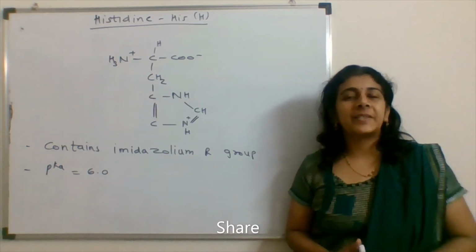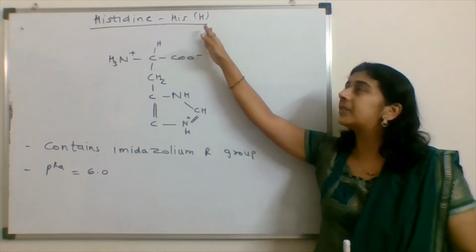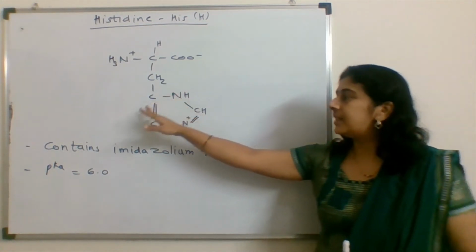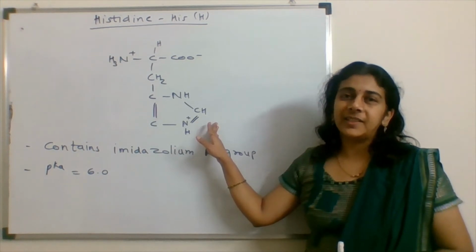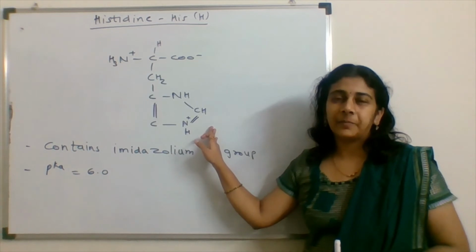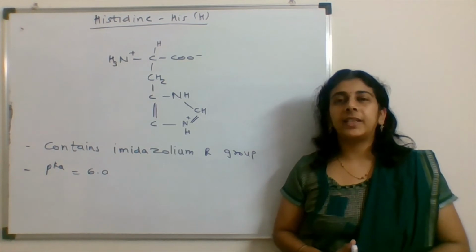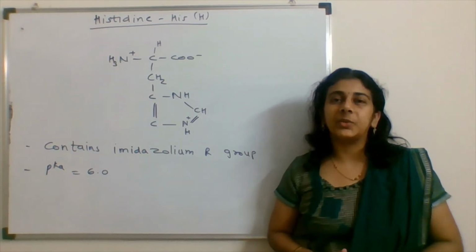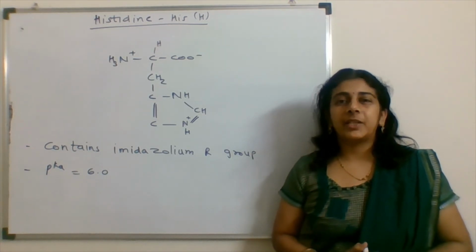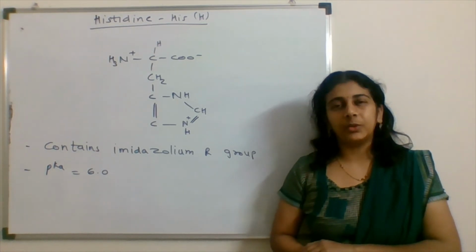The next option is histidine. Here the three-letter code is HIS, and with capital H we denote histidine. Histidine has an imidazole ring in its side chain. This is the imidazole ring present in histidine. Due to this ring, histidine has a pKa value of 6.0, which is near the pH of the blood, that is 7 or 7.2.